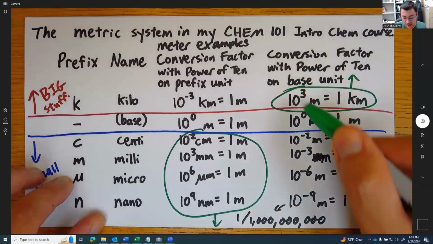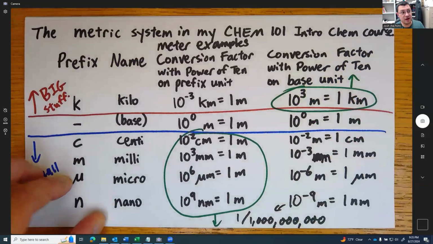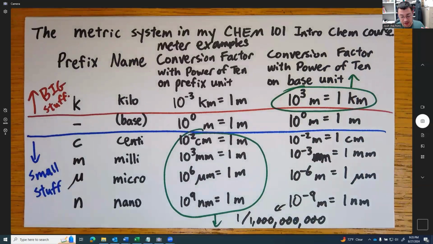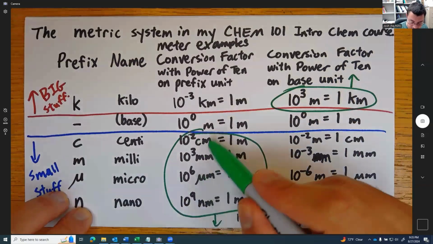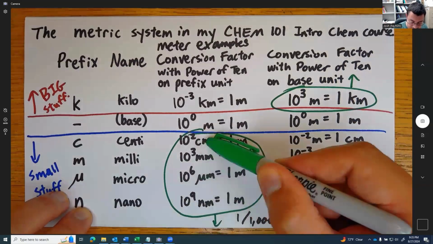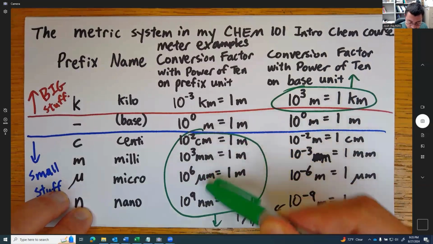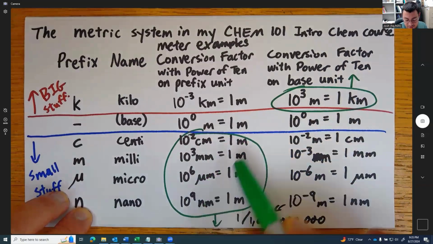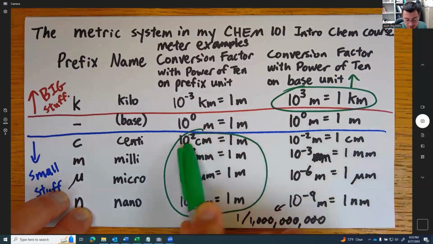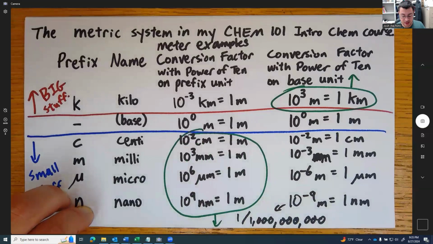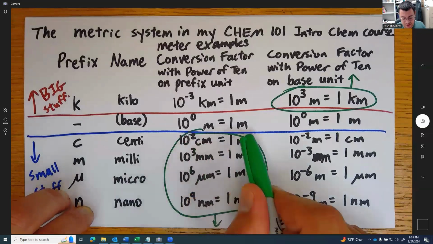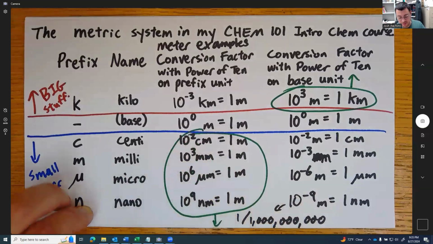So in other words, I really like to give the big power of 10 to the small thing. And that's what I did here. Everything here, whether it's centimeters, millimeters, micrometers, nanometers, is smaller than a meter. So I need a lot of the small thing to be equal to the big thing: 100 centimeters to be a meter, 1,000, a million, a billion.